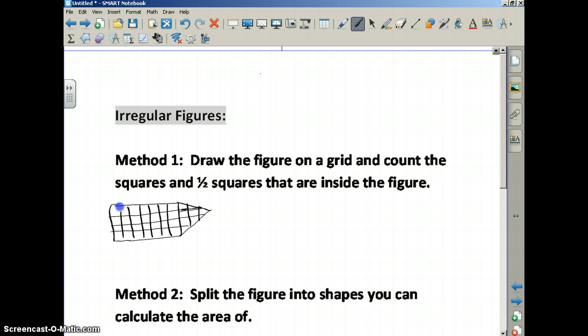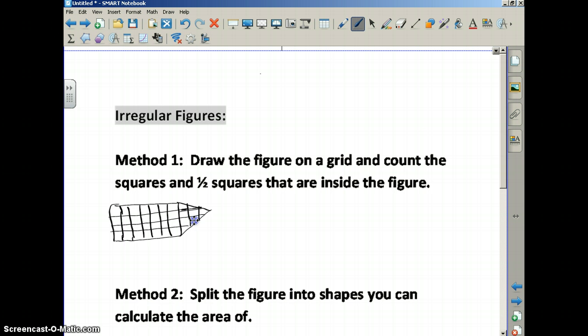Okay, so if I take my grid to be this unit and wanted to know how many square units are in each one of these composite figures, I would say 1, 2, 3, 4, 5, 6, 7, 8. And that's kind of a half, 8 and a half. 9, 10, 11, 12, 13, 14, 15, 16, 17. And there's 17 and a half.